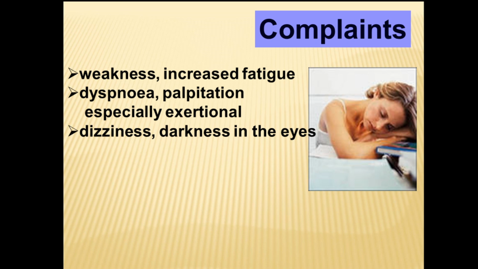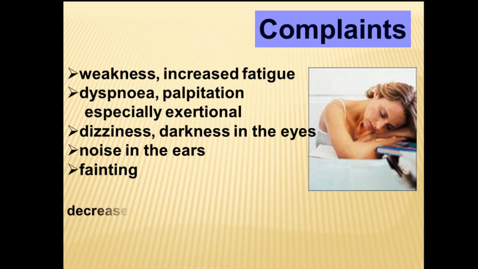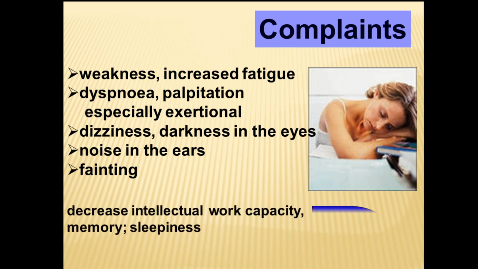The patient complains of dizziness, darkness in the eyes, a feeling of noise in the ears, sometimes fainting. If the patient's activity is connected with scientific work, he pays attention to decreased intellectual work capacity, decreased memory, and sleepiness as a result of brain hypoxia.